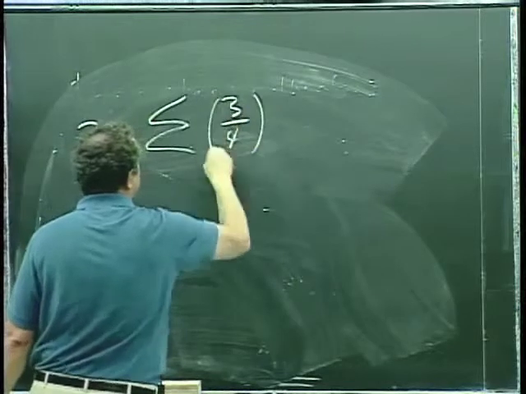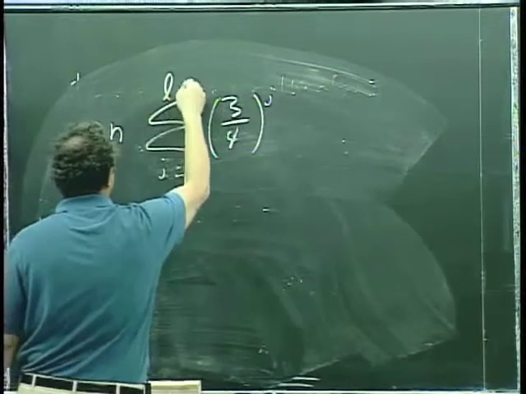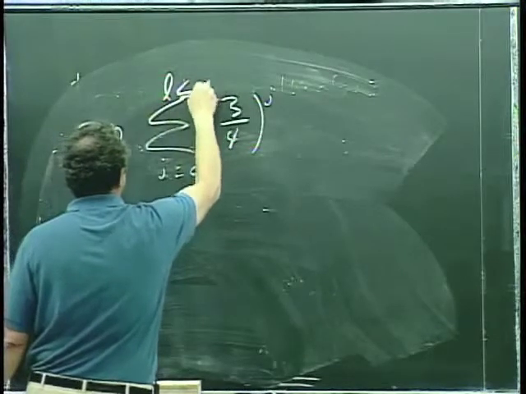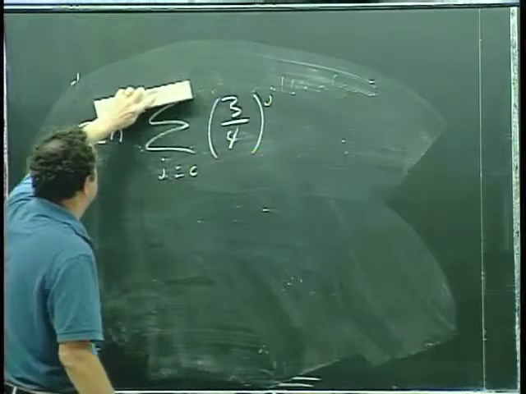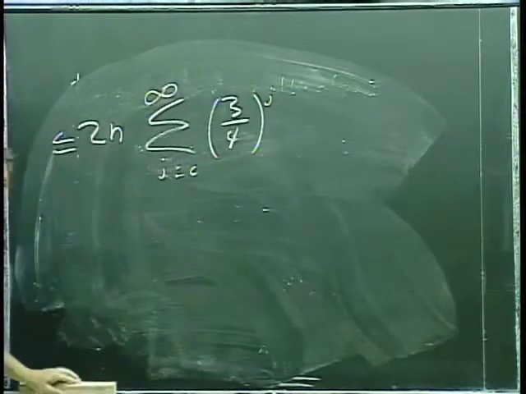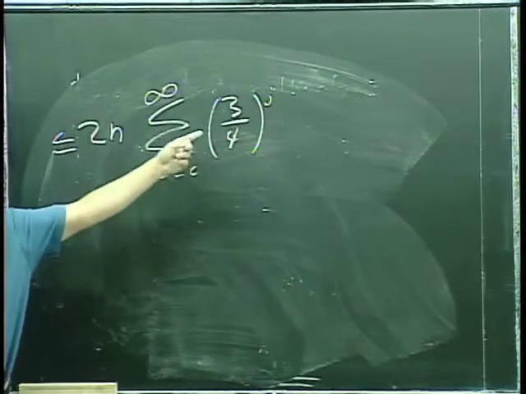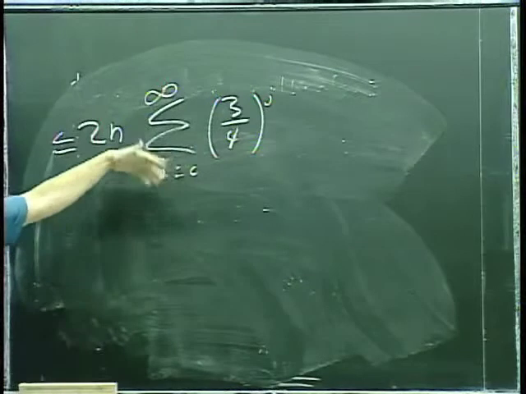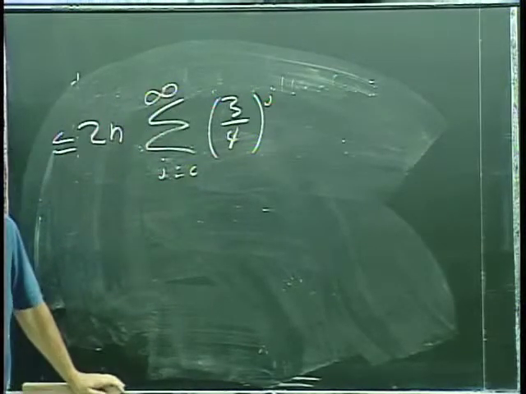The sum of 3 quarters to the j, j equals 0 through some number. Well, let's let it be infinity. Okay? So what happens to this? What's the sum of 3 quarters to the j as j goes to infinity?